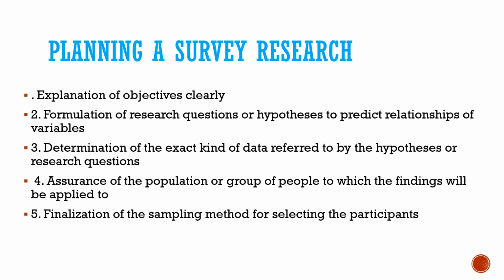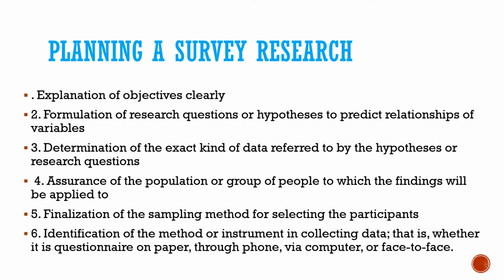It's just saying that not all of them will answer your survey seriously. We cannot say that all of them are exactly serious while taking their survey. So that's why we should finalize what method in getting our participants or respondents.